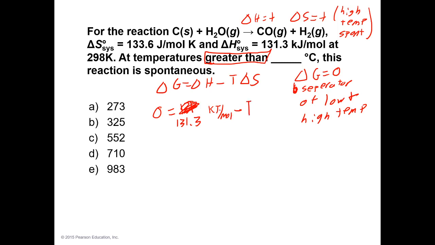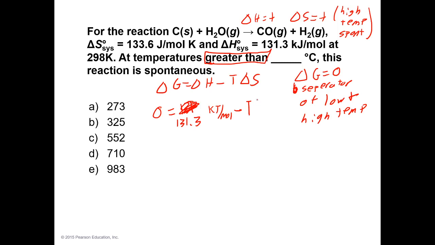I want to point out something because I know that units are something people don't write down a whole lot or pay that much attention to. Enthalpies are reported in kilojoules. Entropies are reported in joules per Kelvin. The temperature takes care of the Kelvin part, but the joules is not the same as the kilojoules, so you have to convert them both to be the same. You can either convert delta H into joules when you're combining them, or in my case, I'm going to convert entropies into kilojoules.